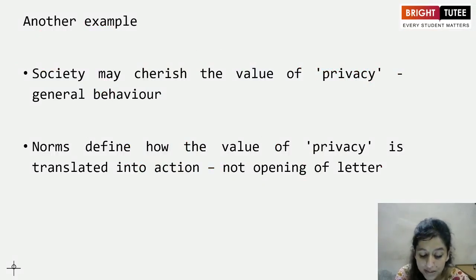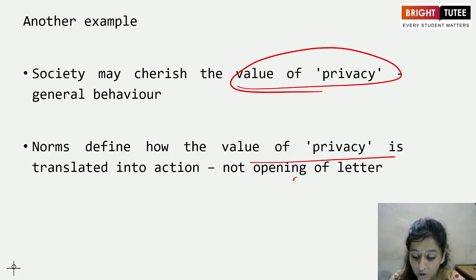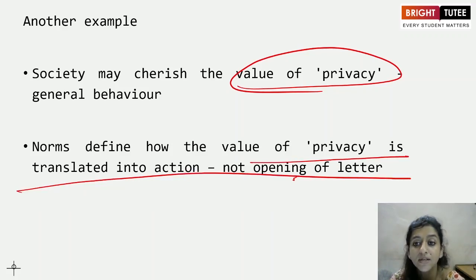Another example: a society may cherish the value of privacy, a very general behavior. Okay, we want privacy. Norms define how the value of privacy is translated into action. So your value of privacy is there, that we value the privacy of everyone.